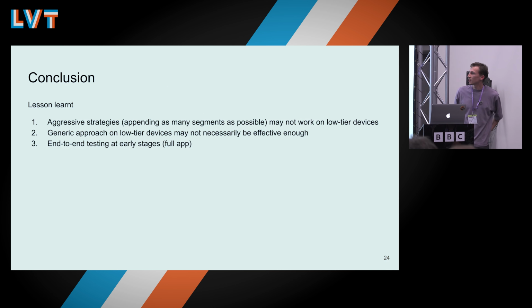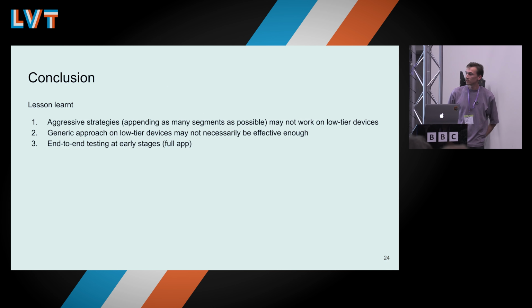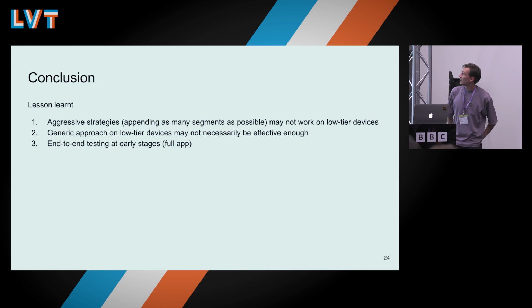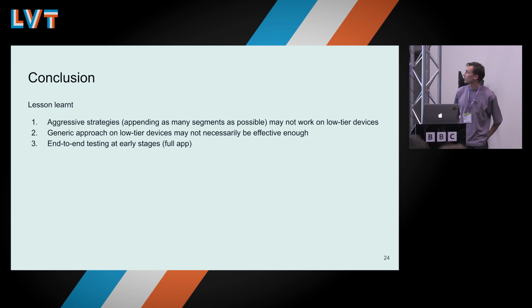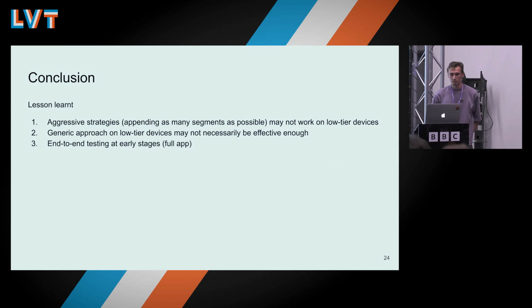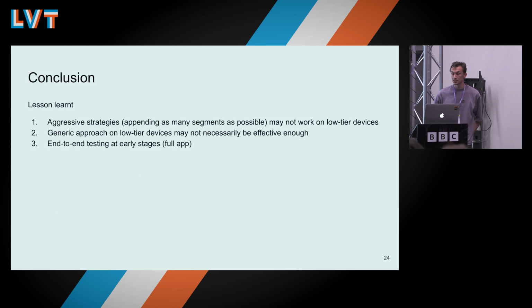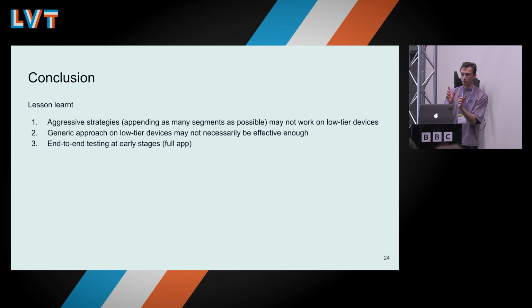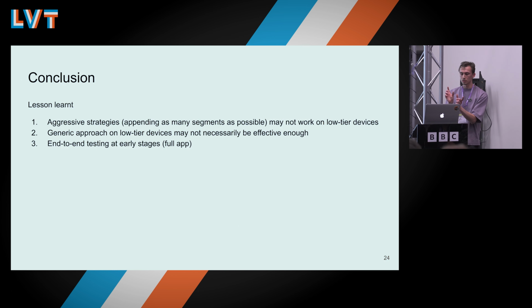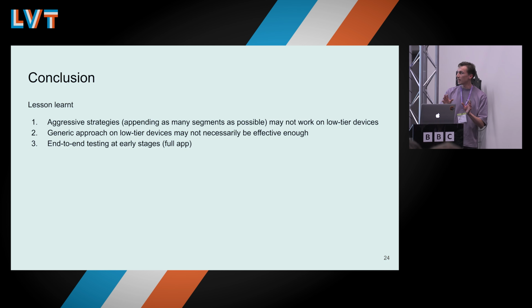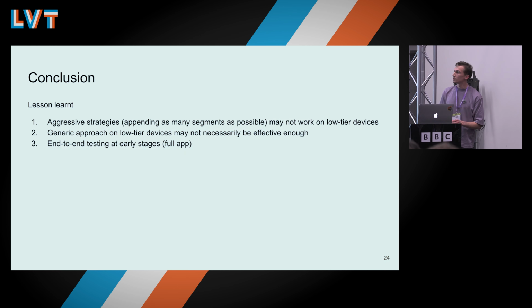So now we come to the lessons learned. First of all, aggressive strategies may not work on low-tier devices. Playback hadn't started, and we saw that audio appends were really close to each other. So if we try to append as many as we have, this may not work.